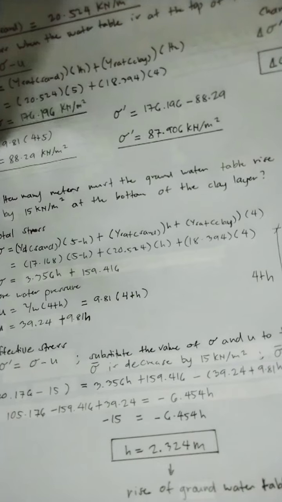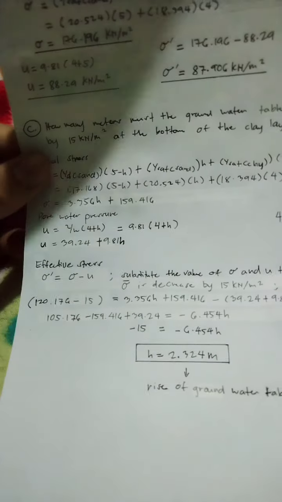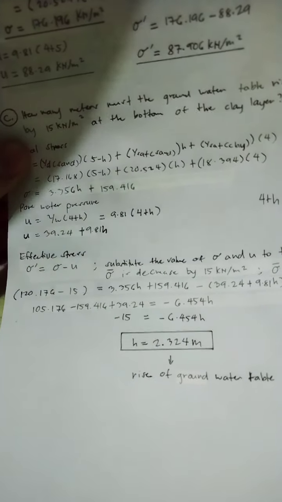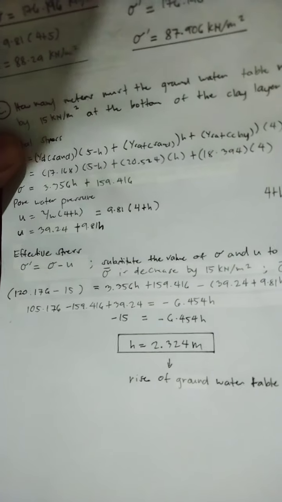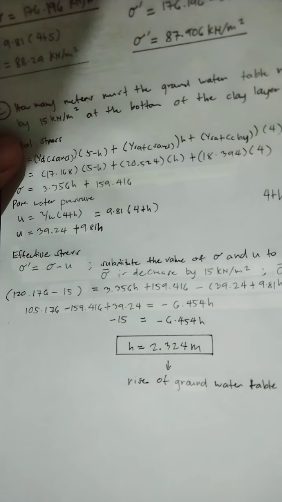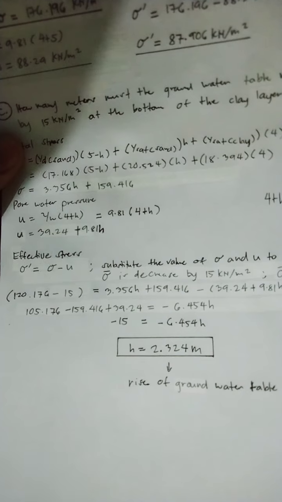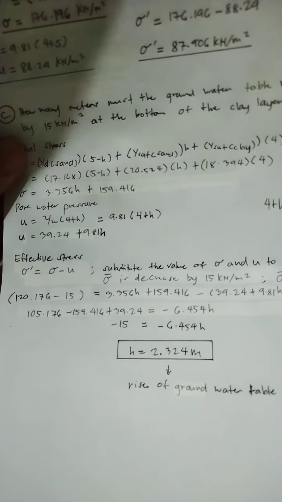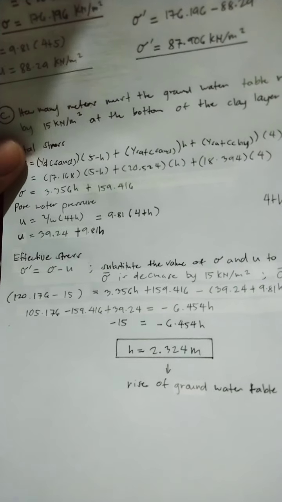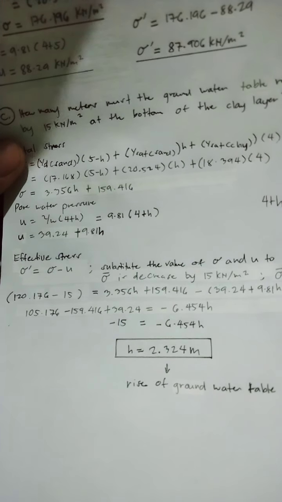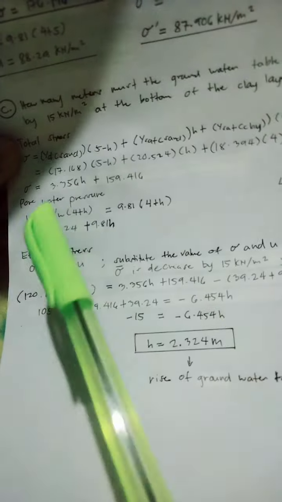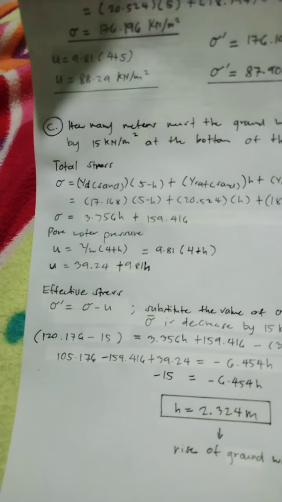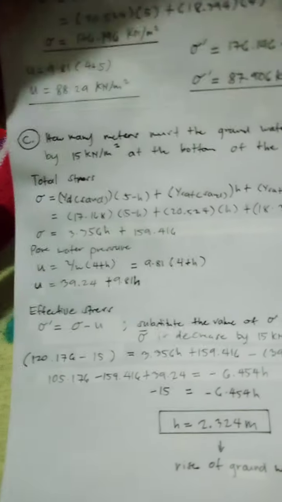So we have a variable here. To get the meters the groundwater table must rise, we use the formula for effective stress, since we have the values of the total stress and the pore water pressure.